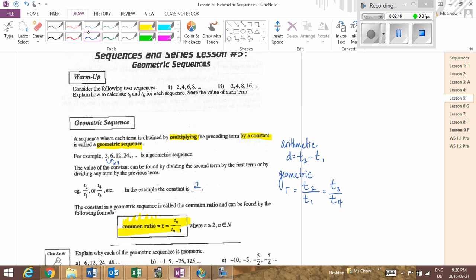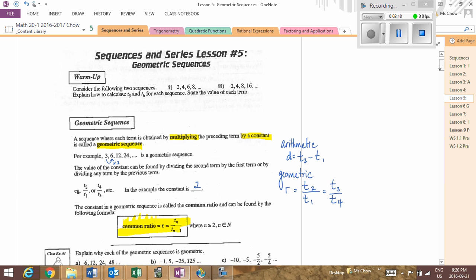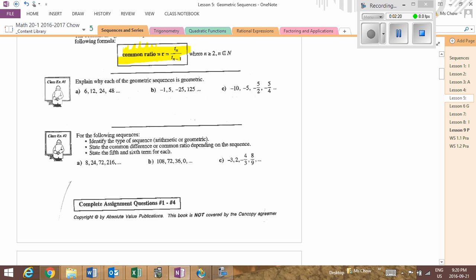So let's take a look at class example number 1, and it says explain why each of the geometric sequences is geometric. So what we're looking for is that common ratio. In some cases, again, you can probably identify it just by looking.